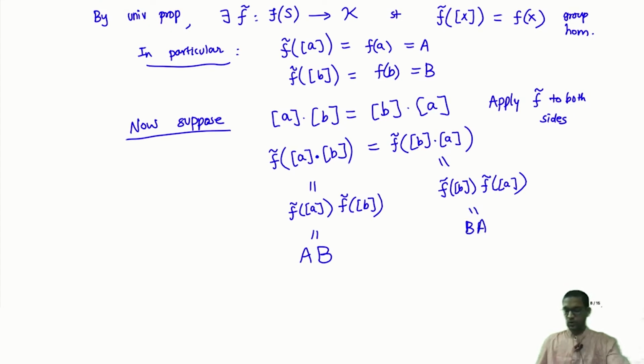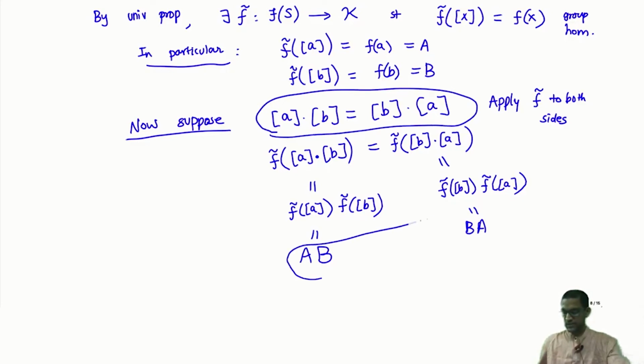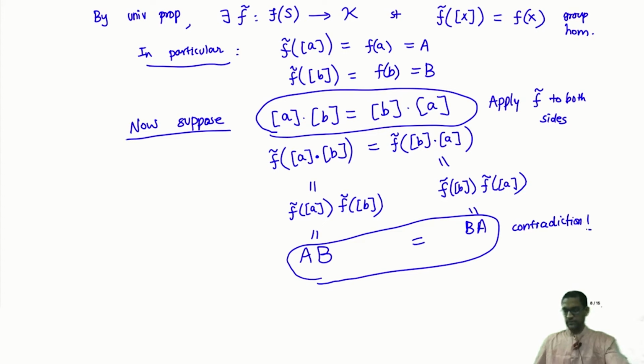Okay, so what do we conclude? If this equality holds, then it must also be true that AB is the same as BA. But that is a contradiction because we specifically chose two elements A and B which are non-commuting. So in some sense that completes this proof here.